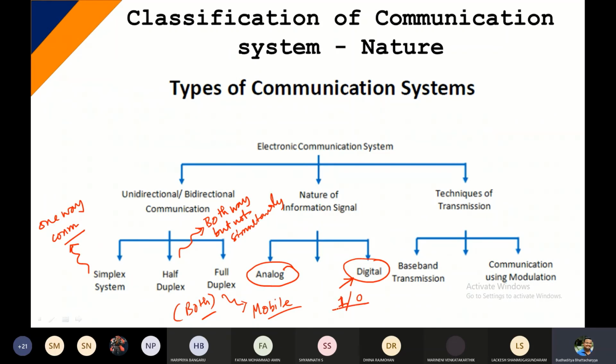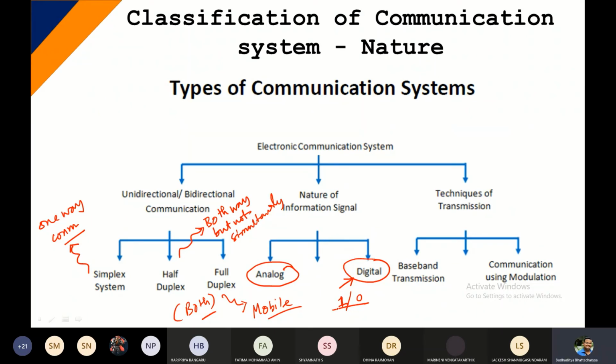I guess the digital system is pretty much known to all of you. Digital system is nothing but transmission of ones and zeros, binary data that we are talking about. In case of analog transmission, it will be continuous. It won't be a 1 and 0.